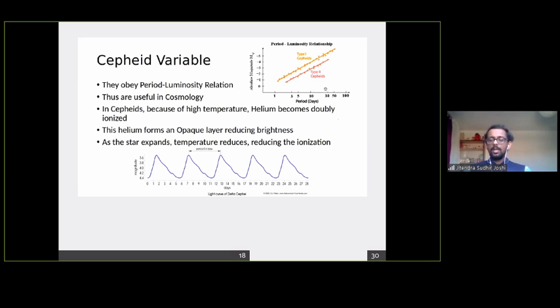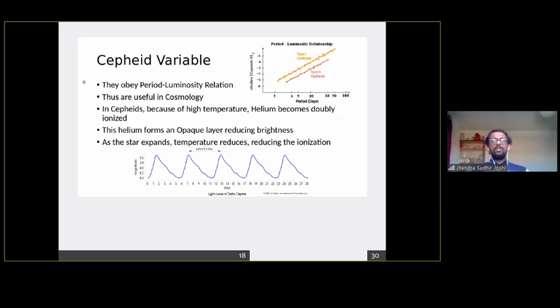So just by looking at the period, we can estimate the brightness of the Cepheid variable star. And from the brightness that we get through the period, we can see how dim the light is. So this can be used as a standard candle. Most of the bachelor students, I hope, know what a standard candle is.